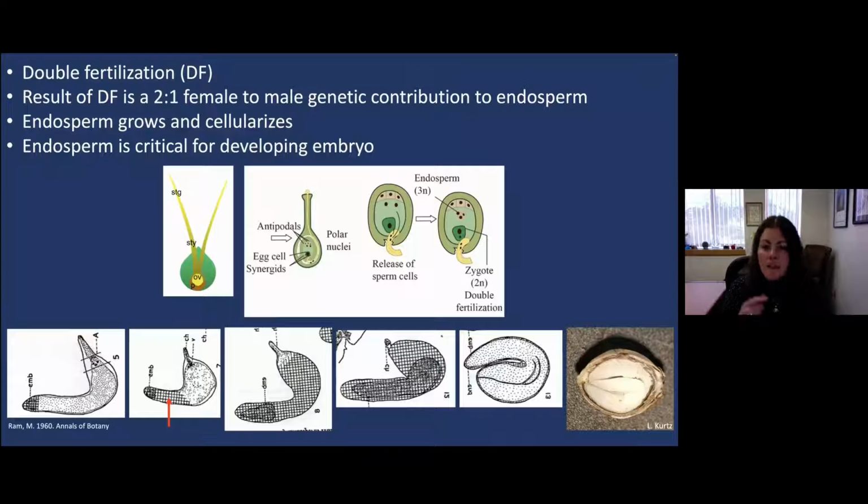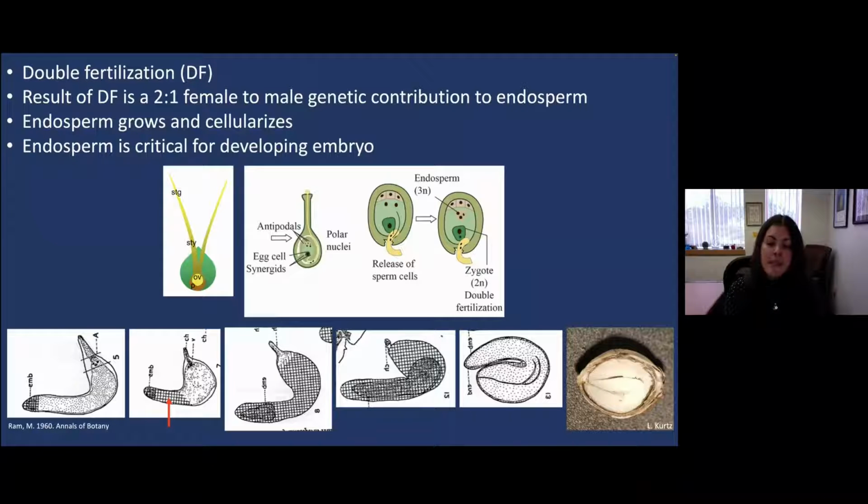This process of double fertilization is a major evolutionary step for flowering plants, all flowering plants, dioecious, monoecious. And so this endosperm that develops feeds the growing embryo. The endosperm grows, it's triploid, and it cellularizes.